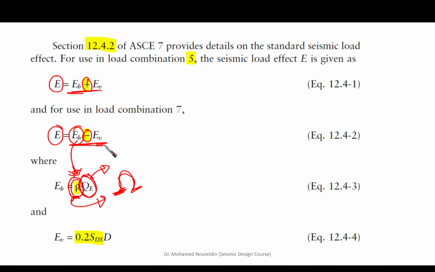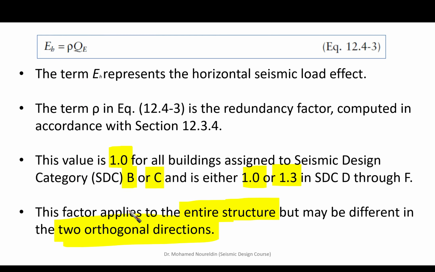For the vertical component, it is usually equal to 0.2 SDS times D. So these are the main components of the earthquake, the horizontal and the vertical one.